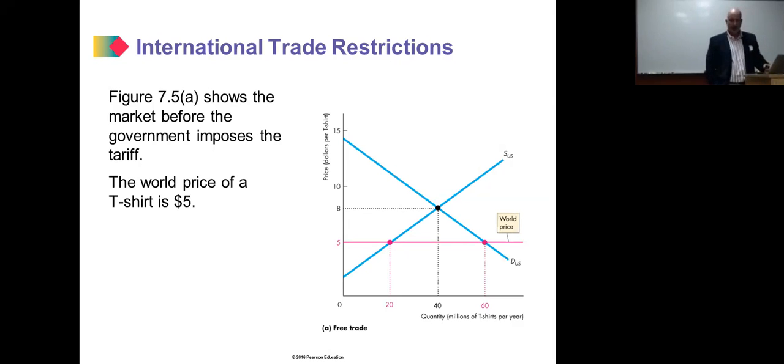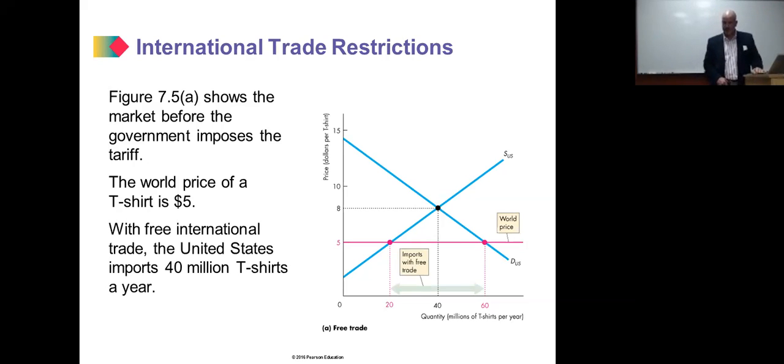The world price of a t-shirt is $5. So at this level, with free trade, Americans are willing to buy 60 million t-shirts a year. And we said previously that U.S. garment makers would produce 20 million t-shirts a year, and we would export 40 million.